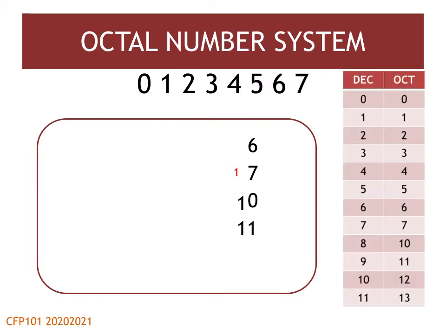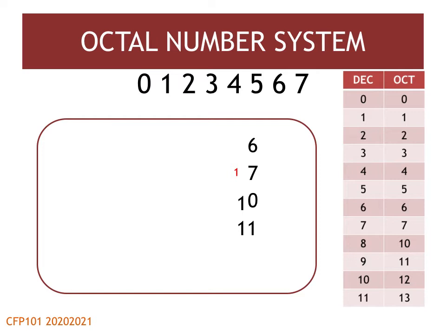Now, on the right side, you will see a table of some decimal numbers and their equivalent octal numbers. For example, 4 in decimal is still the same as 4 in octal. But let's say we look at 9, the equivalent octal number looks like an 11. And 11 actually looks like a 13.